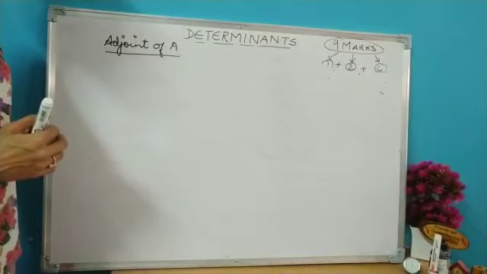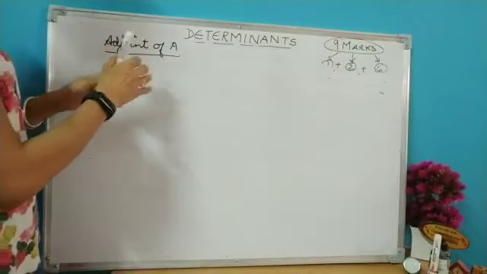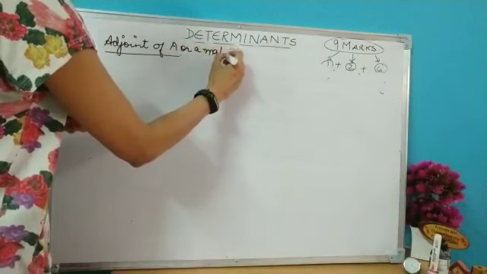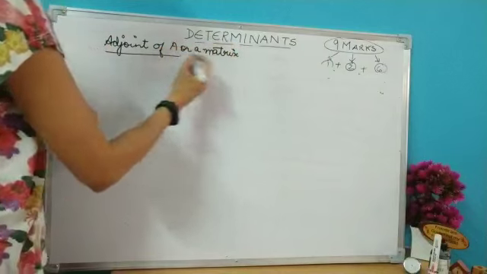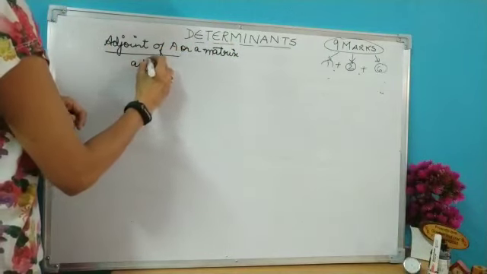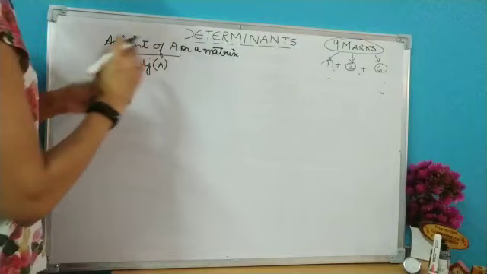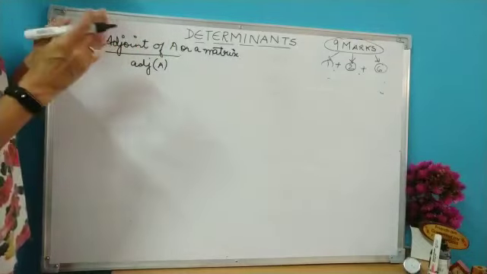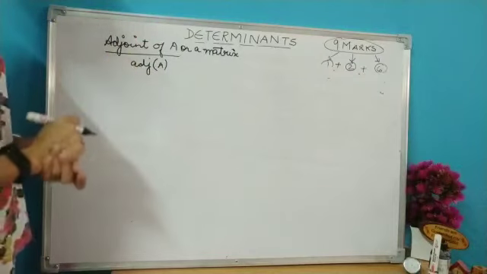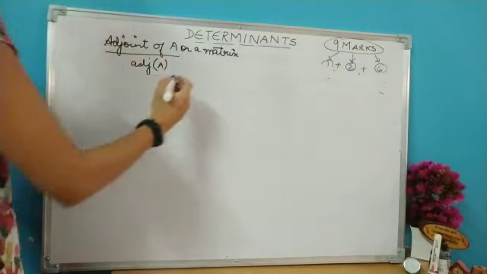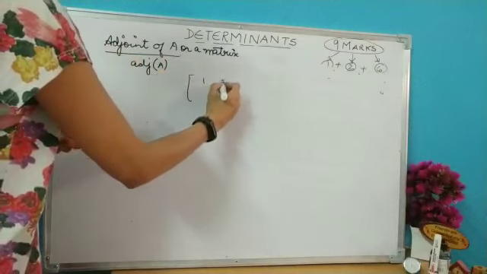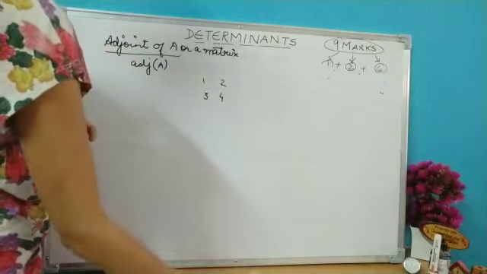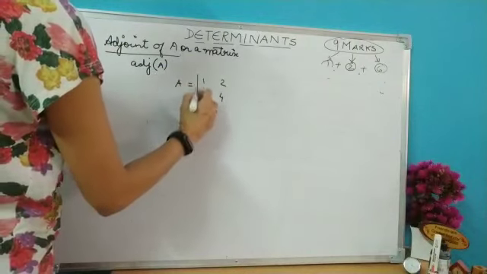Children, let us discuss the adjoint of a matrix A. If you want to find the adjoint of A, then what you have to do? The adjoint of A is simply the transpose of the cofactor matrix. Say this is my given determinant A, with 1, 2, 3, 4.